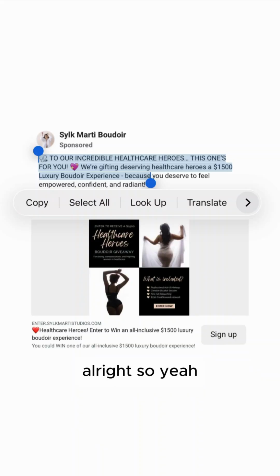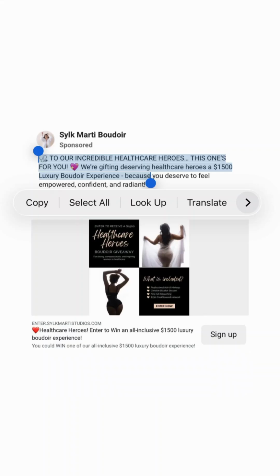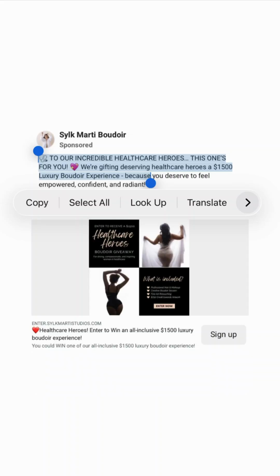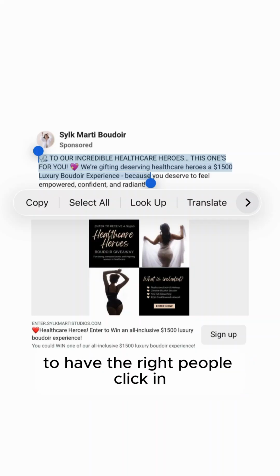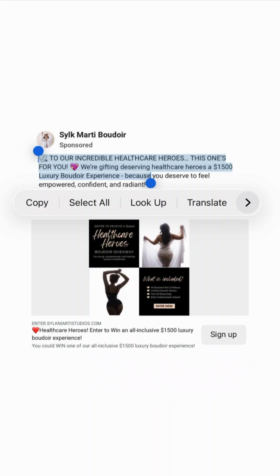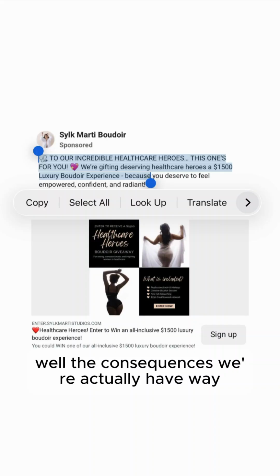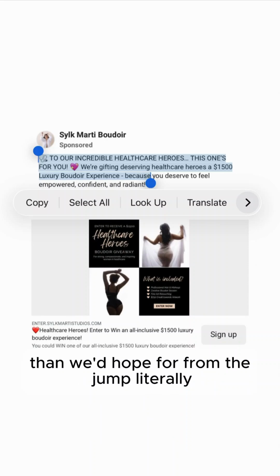All right, so yeah, we've got the lack of context mistake here. The false belief causing us to make this mistake is, well, we believe we provide enough context to have the right people click in instead of having them scroll on by. Well, the consequences: we actually have way more women scrolling on by than we had hoped for from the jump.